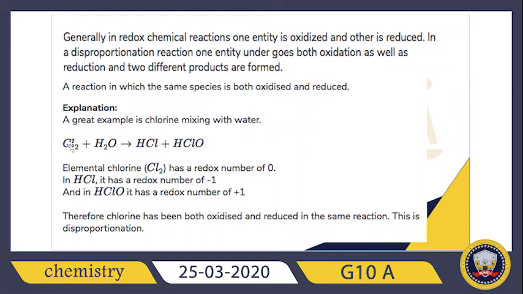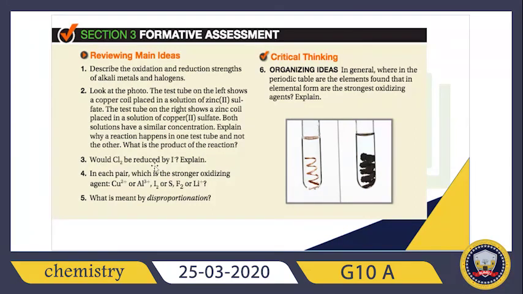The oxidation number has decreased, so it is reduction. And from 0 to +1, the oxidation number has increased, so this is oxidation. Therefore, chlorine has been both oxidized and reduced in the same reaction. This is called disproportionation.